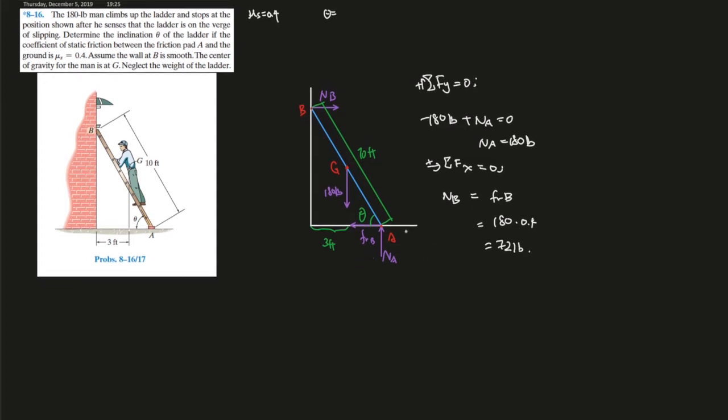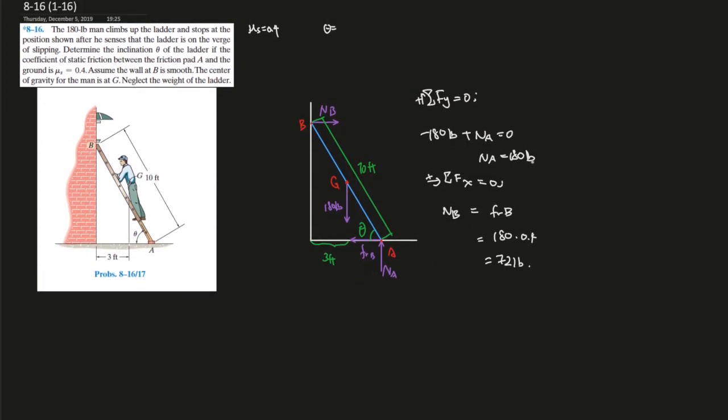So now we can apply the sum of the moments equation. We can do B or A. Let's do A, to get rid of the most forces here. So the sum of the moments at A equals 0. So NB times this distance over here, but we only know the 3 foot, so that would be times 10 feet times cosine of theta, right?